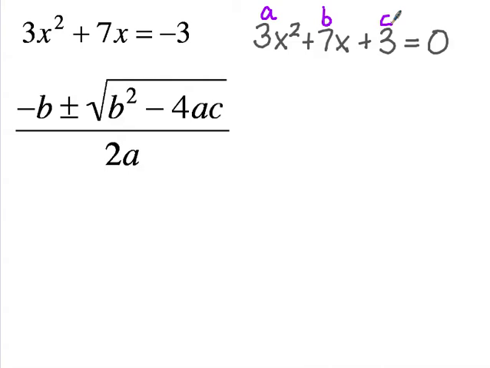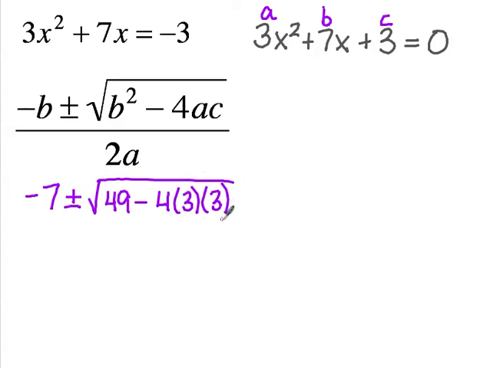So really I get negative what? 7. Plus or minus the square root of 49 minus 4 times 3 times 3 all over 2 times 3.